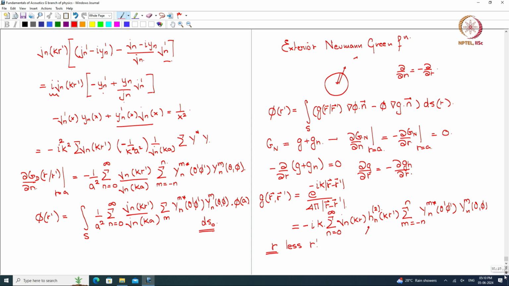So that is going to be first ∂G by ∂r' of r is equal to minus ik squared summation n equal to 0 to infinity jn'(kr) Hankel function second kind (kr'), then summation m from minus n to n Y conjugate Y. Okay, and this is evaluated at r equal to a.